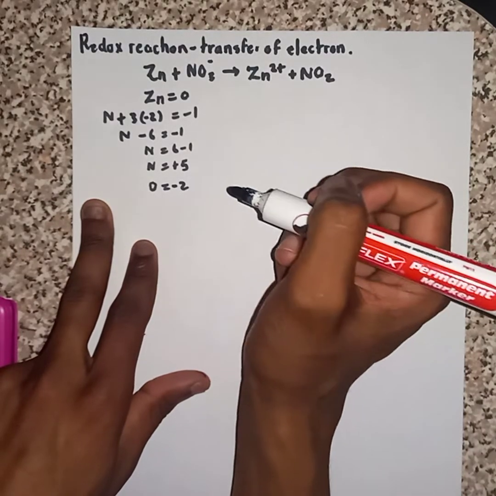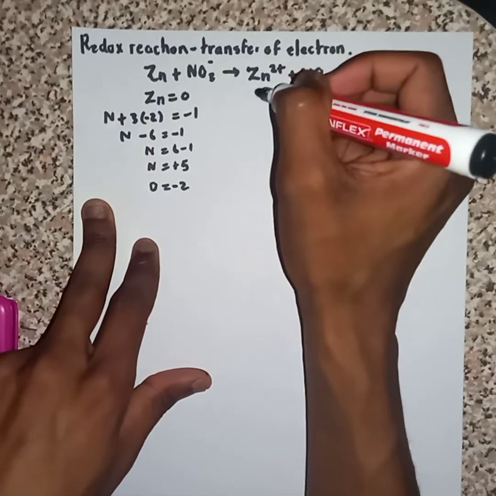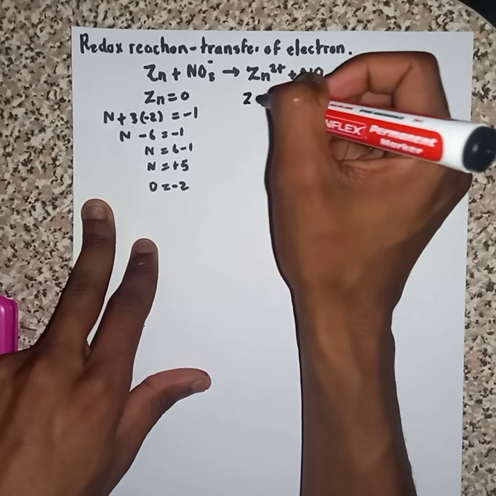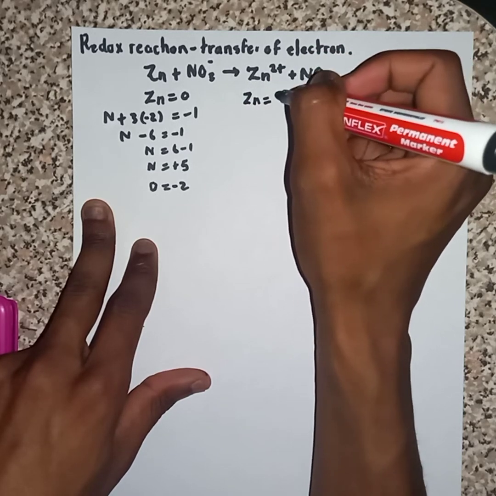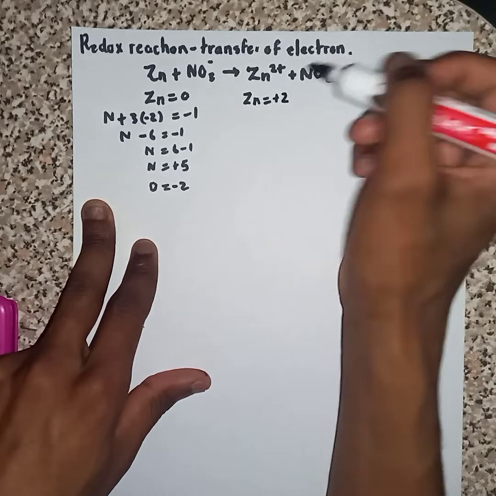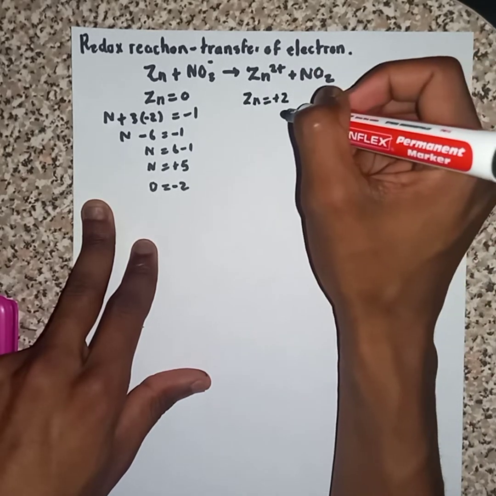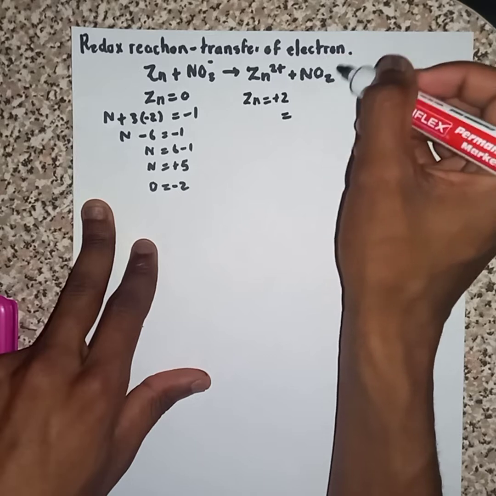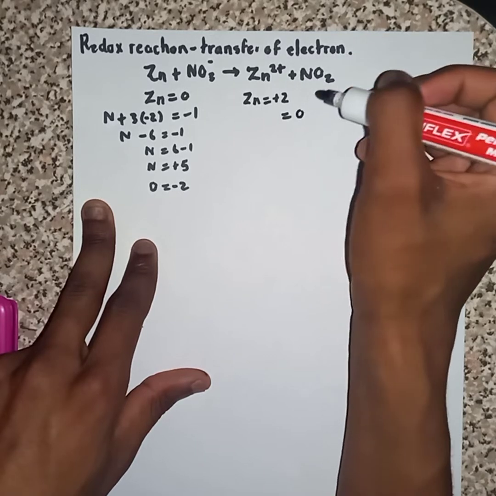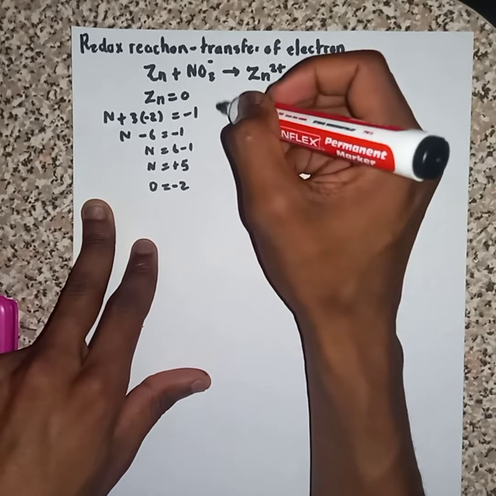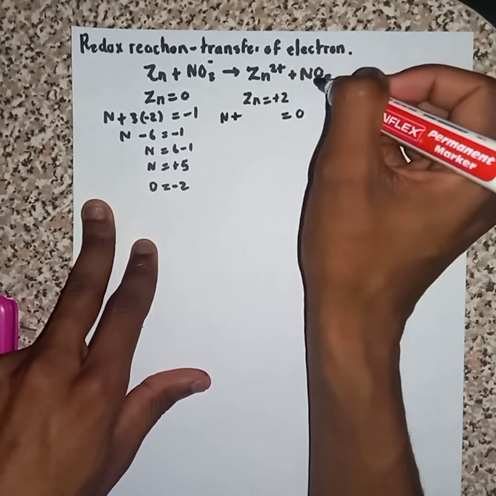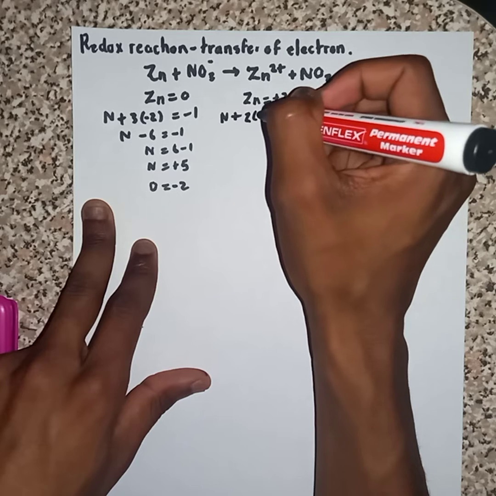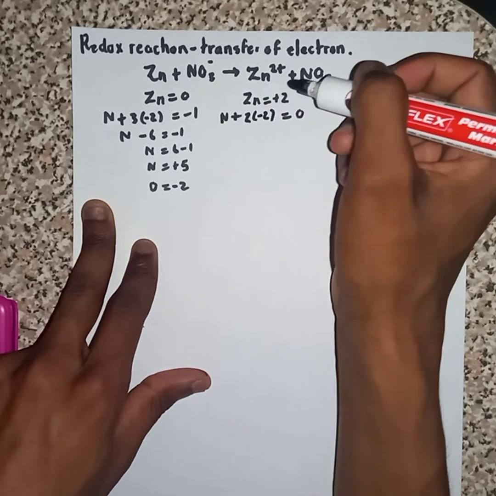Now let us consider our right hand side. I have a zinc ion there. Its oxidation number is its overall charge, which is +2. For N, let us equate to the overall charge, which is 0. I have N plus 2 of O, so I open a bracket and insert -2.